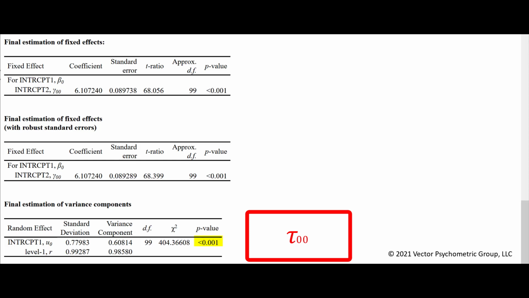This indicates that there's significant between team variability in terms of job satisfaction. Turning to the level 1 or residual variance, we get an estimate of 0.99. In other words, there's more within team variability across employees than there is between team variability.